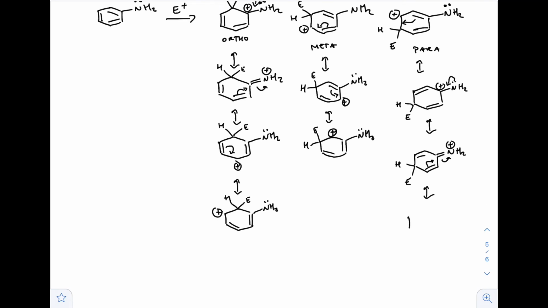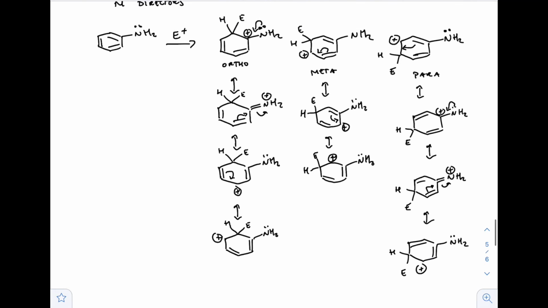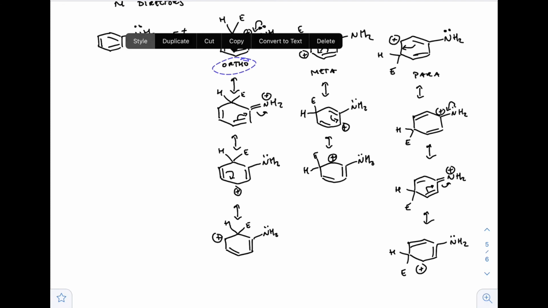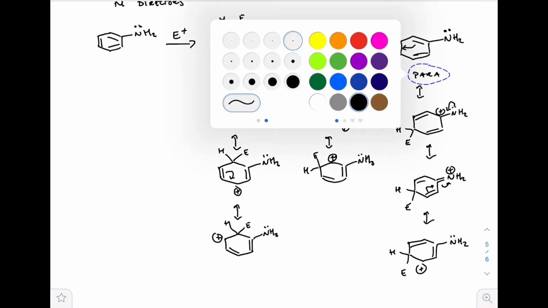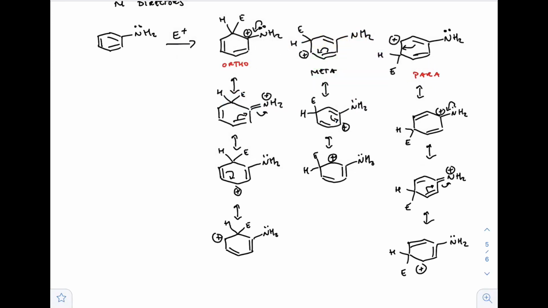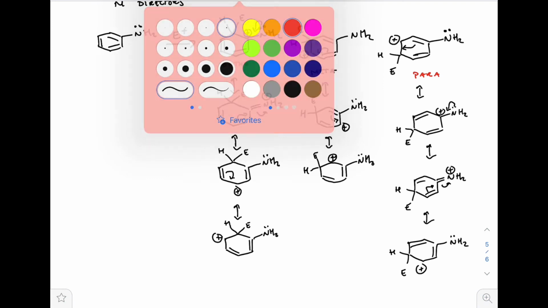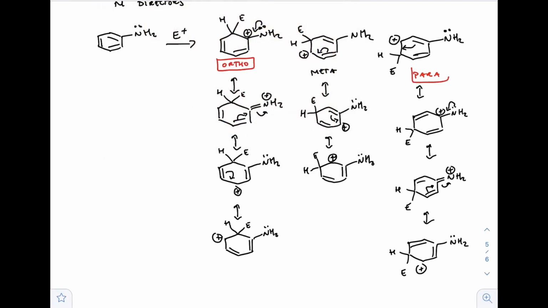And then we move things around again, and really what we end up with is 4 resonance structures for the ortho para substituted intermediate, and then only 3 resonance structures for the meta substituted intermediate. Now we know the more resonance structures, the more stable this intermediate is, right?